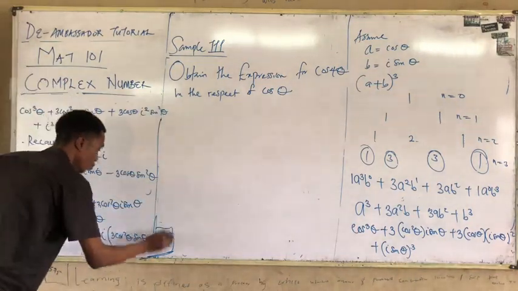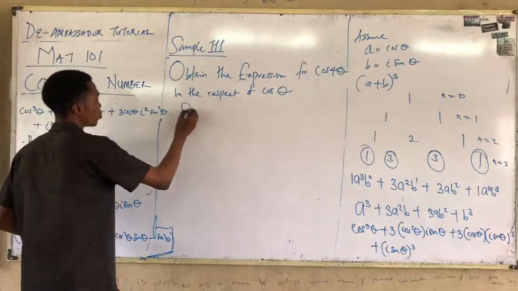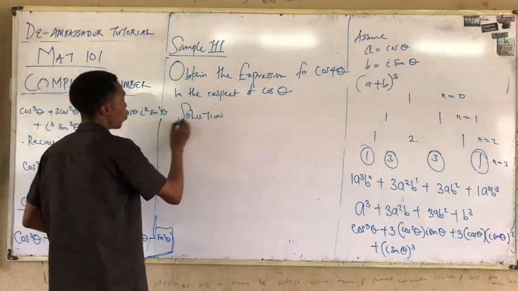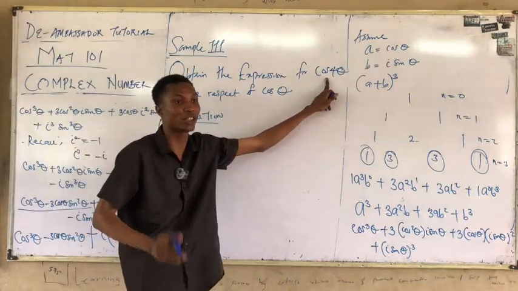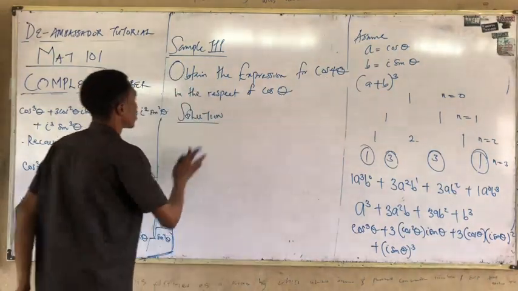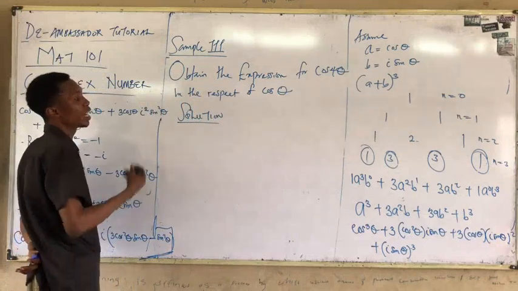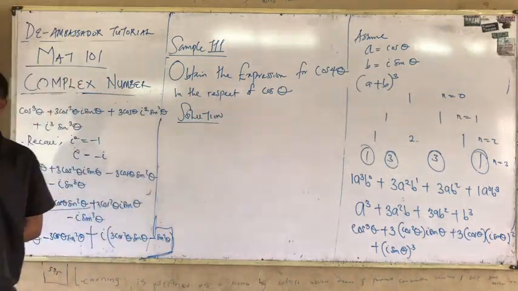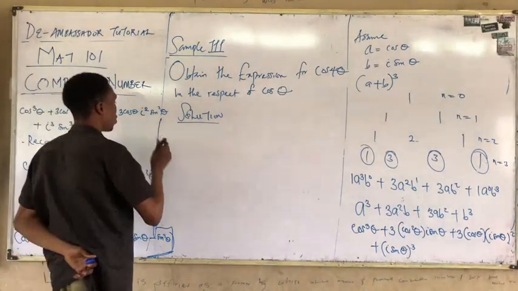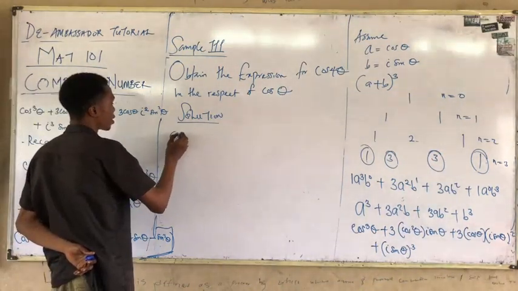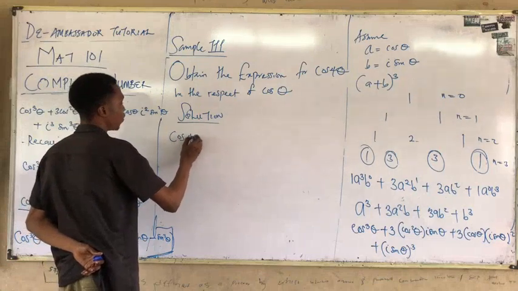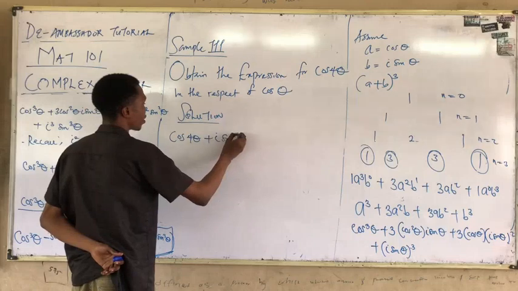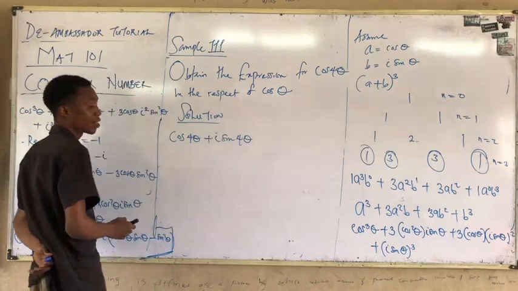Solution. We want to get the value of what? Cos 4 theta using the Moivre's theorem. And how do we do it? We can't get cos 4 theta without knowing sin 4 theta. So through the Moivre's theorem, cos 4 theta has a relation with I sin 4 theta. Are you seeing that?